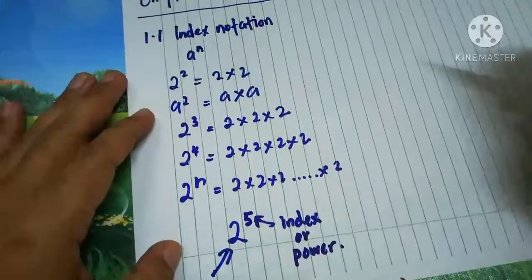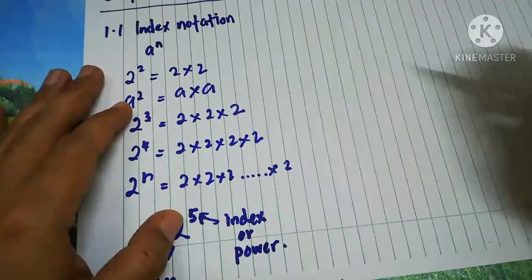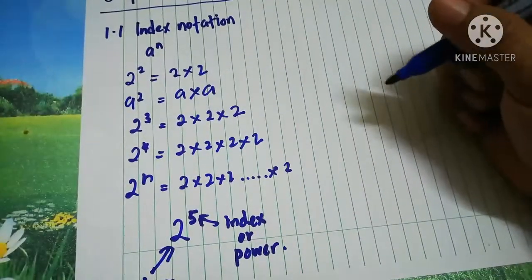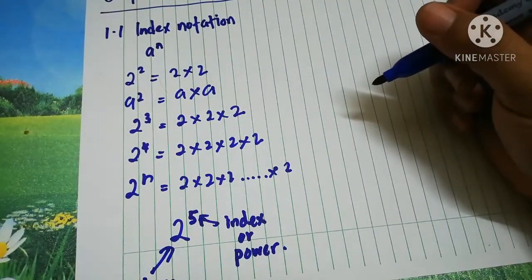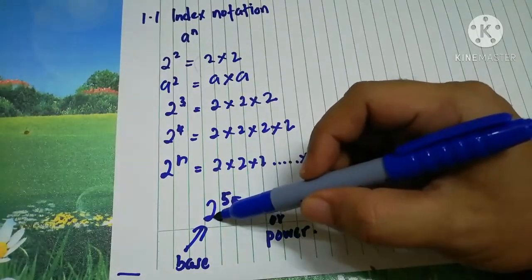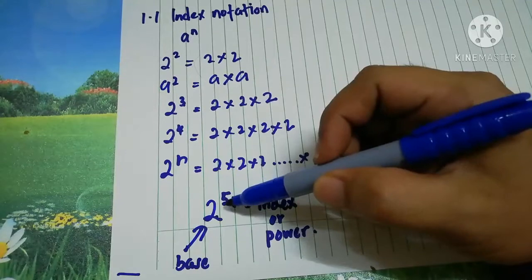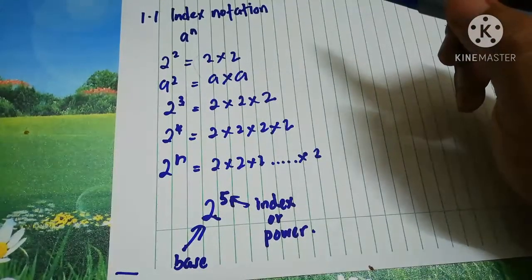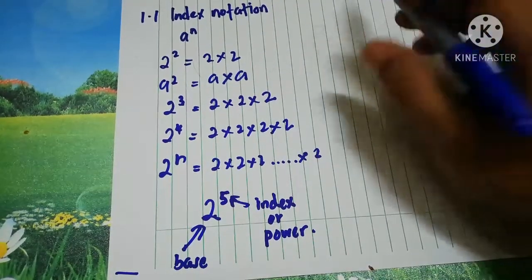Simple je yang ni kan. Index notation: base, index, ataupun 2 to the power of 5. Okay, finding the value of a.